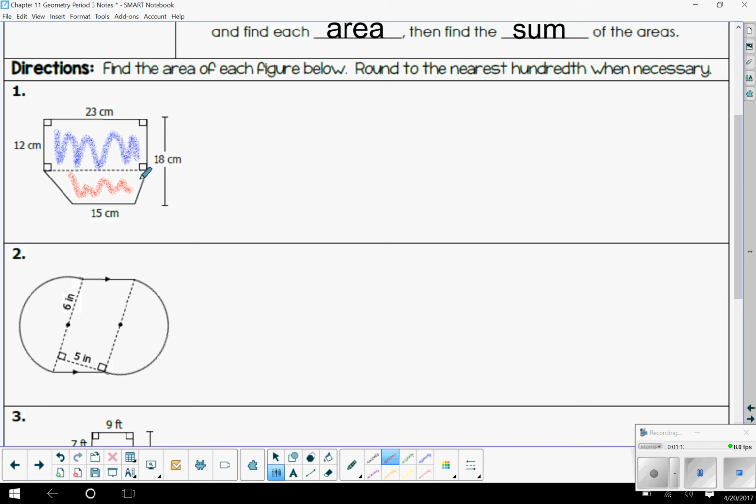So you do the area of your rectangle plus the area of your trapezoid, and that's going to give you the area of the entire figure.